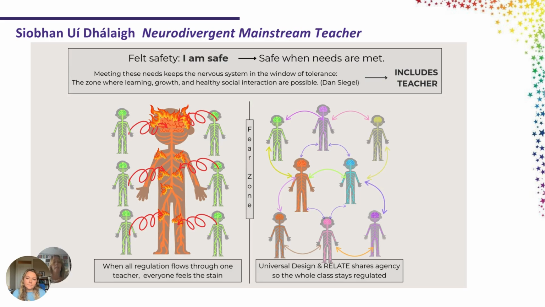We know about the internal nervous system, and that regulation comes from that felt safety, that internal felt safety. I am safe. I'm safe here. I'm safe to be me. And that comes from our needs being met. And when those needs are met, and that nervous system is in a lovely sense of not being overwhelmed or underwhelmed, being whelmed, the window of tolerance, that's actually where that whole learning growth happens.